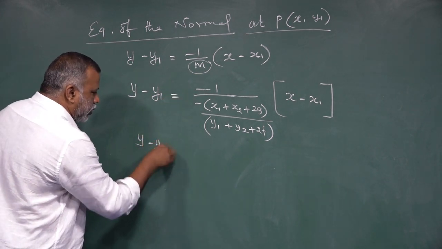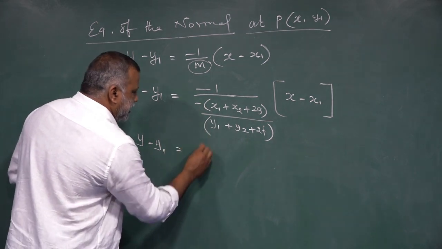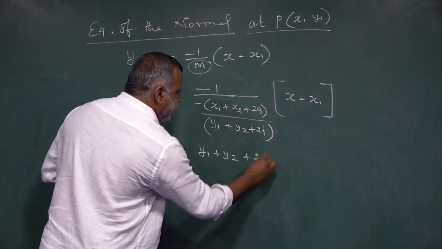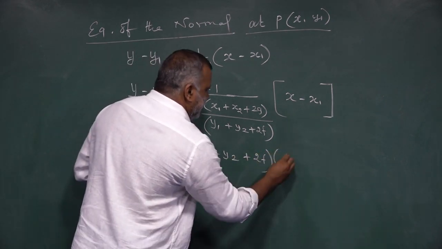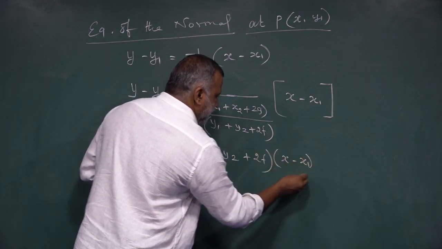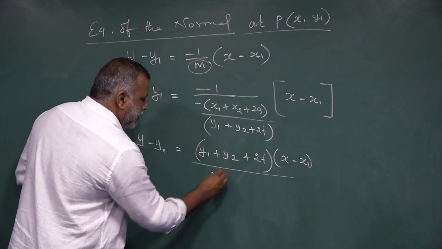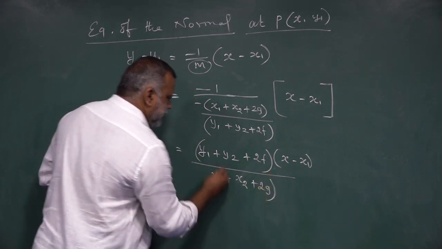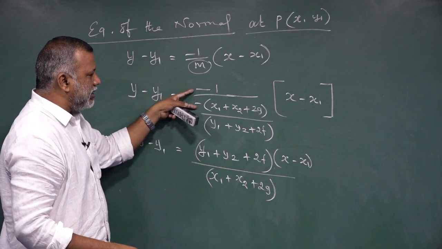Therefore, y minus y1 is equal to, take the reciprocal, (y1 plus y2 plus 2f), again multiplication with x minus x1, divided by (x1 plus x2 plus 2g). So take the reciprocal, negative will be removed.